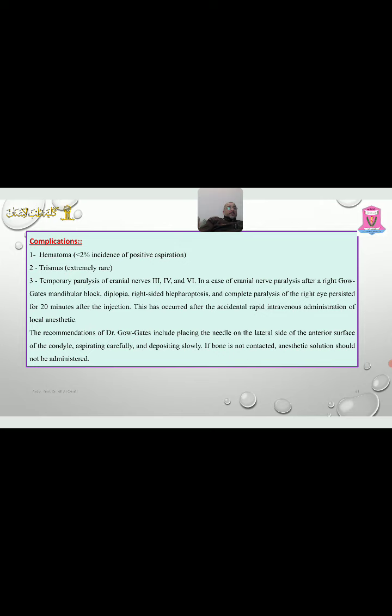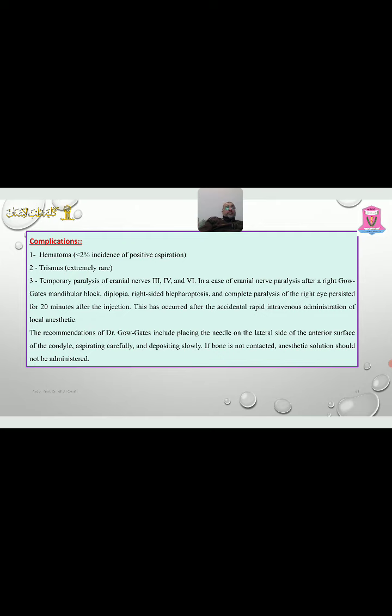Case of cranial nerve paralysis after a right gogate mandibular nerve block: diplopia ازدواجية بالنظر، right sided blepharotosis شوية تهطل عينه، and complete paralysis of the right eye persisted for 20 minutes after the injection. من ينتهي البيريود of injection تنحل المشكلة هاي كليتها.